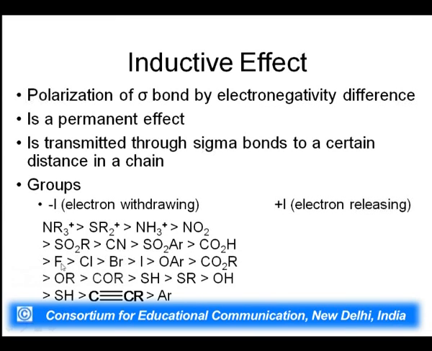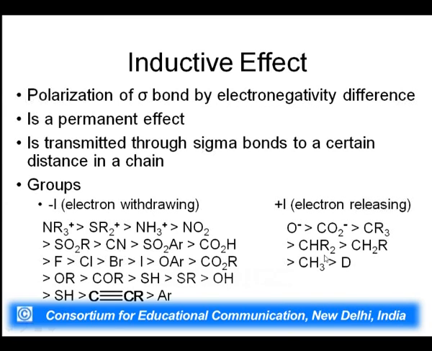The halogens come after carboxylic acid here, and they are in the order of their electronegativity, as fluorine has much more electron withdrawing effect than chlorine, then bromine, and then iodine. Then come the other groups which you may have a look at, and we will be using these groups in various reasoning questions. The similar case is plus I, where we generally talk about the plus I effect for the alkyl groups.